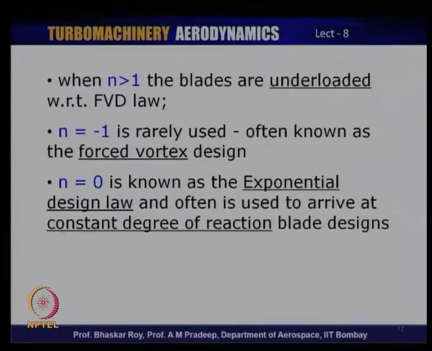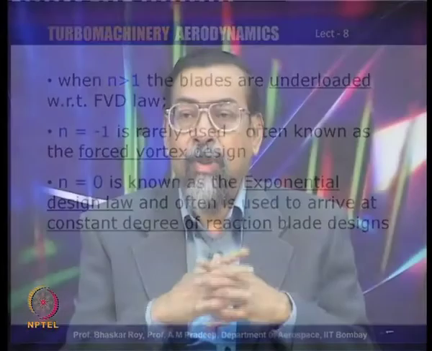When n goes to 0, essentially C w is constant, and this is often referred to as exponential design law, and this is a derivative of C w equal to constant. It gives what can be called constant degree of reaction blade design, which means the degree of reaction is now constant from root to the tip of the blade, tip of the stage.